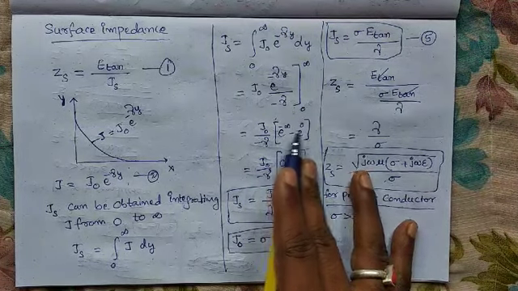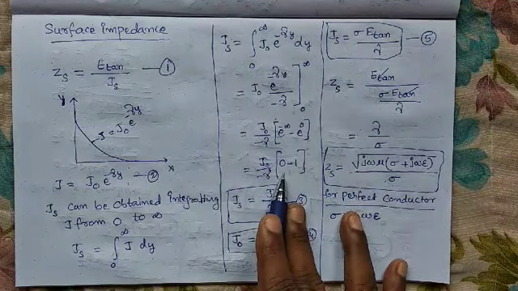Here e power minus infinity is 0, minus e power 0 is 1, so this term is minus 1, minus into minus is plus. Here J naught by gamma.